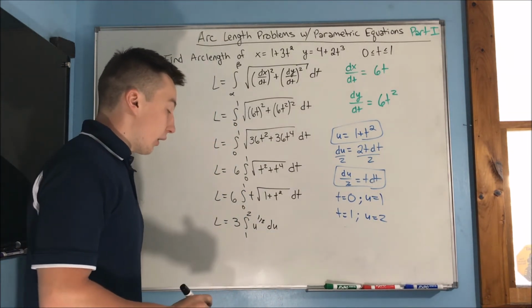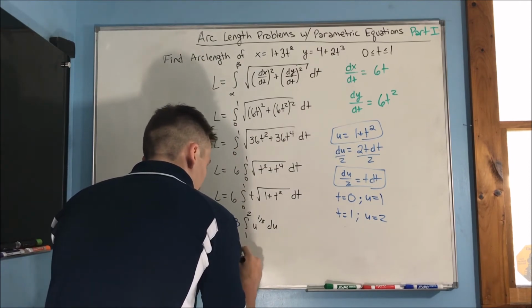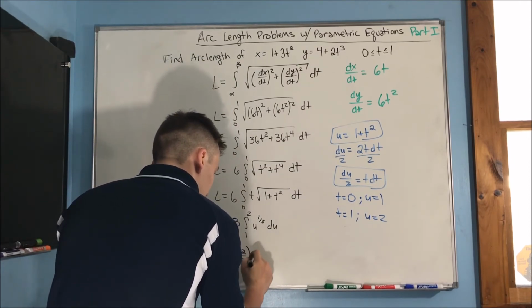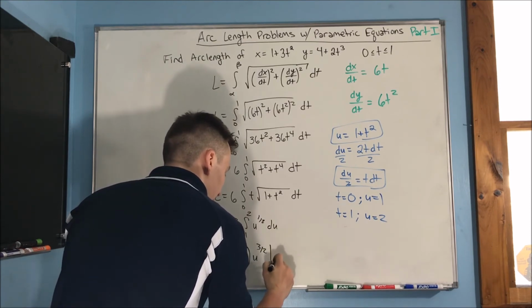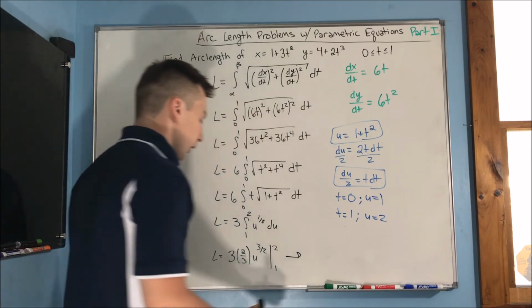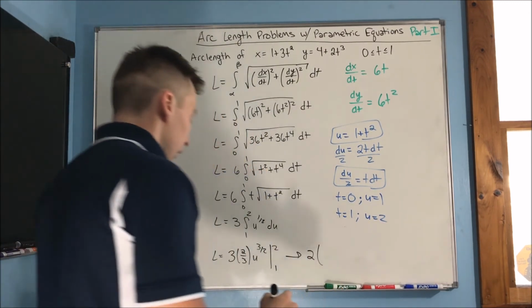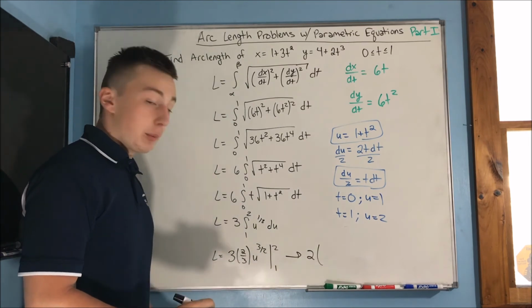Alright, and we take our integral here, the arc length equals 3 times 2/3 u to the 3/2 evaluated from 1 to 2. And doing that evaluation here, we get that this is going to be 2 times u to the 3/2 evaluated from 1 to 2.